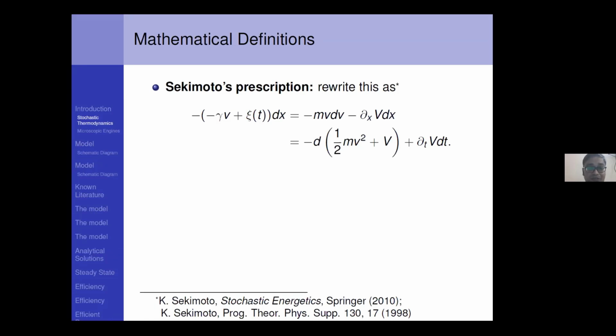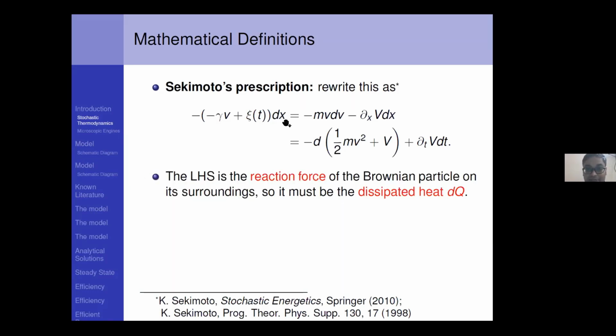Let me repeat this point. These two forces are applied by the surroundings on the Brownian particle, and because of this additional minus sign, this is the reaction force of the Brownian particle on its surroundings. Now, reaction force multiplied by dx is the work done by the reaction force. And what else can that be other than the heat dissipated? That is how this is interpreted. So this portion is the heat dissipated in a small time dt.